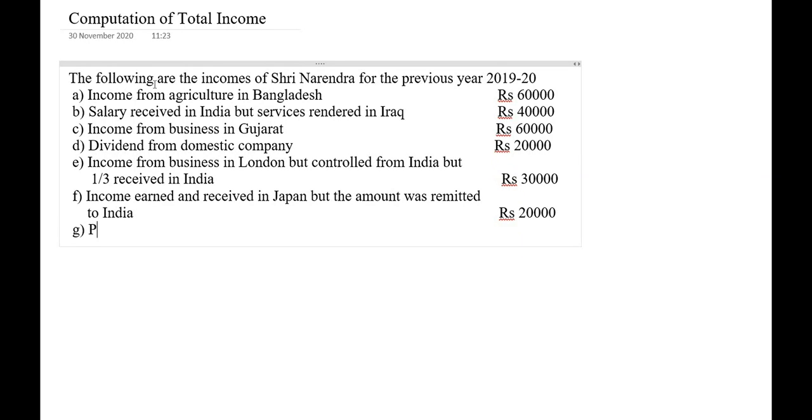G, past untaxed foreign income brought into India during previous year, rupees 30,000.